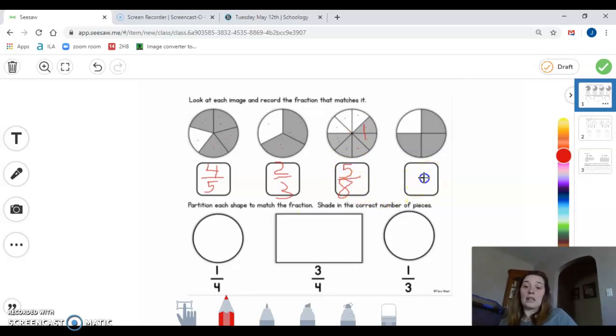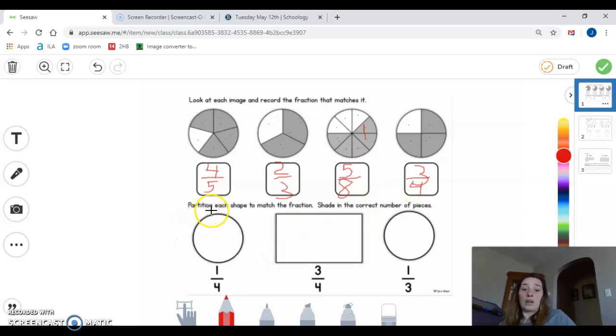Last one like this. Draw my fraction line, and then I'm going to count. 1, 2, 3, 4. 4 is my denominator. And then how many parts are shaded? 1, 2, 3. So my fraction is 3/4. Ooh, that one got kind of big.